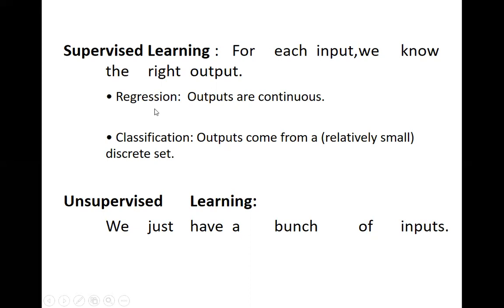Output is continuous. There are not only 4 or 5 classes. A lot of classes will be there. It's a continuous output. So in unsupervised learning, we just have a bunch of inputs. We will not be having any labels for those input data.